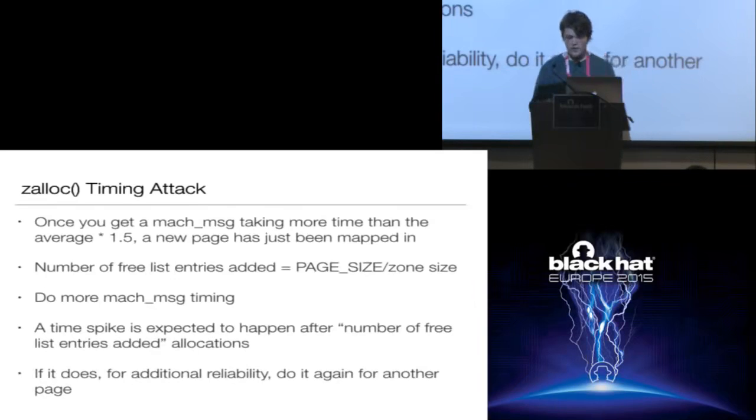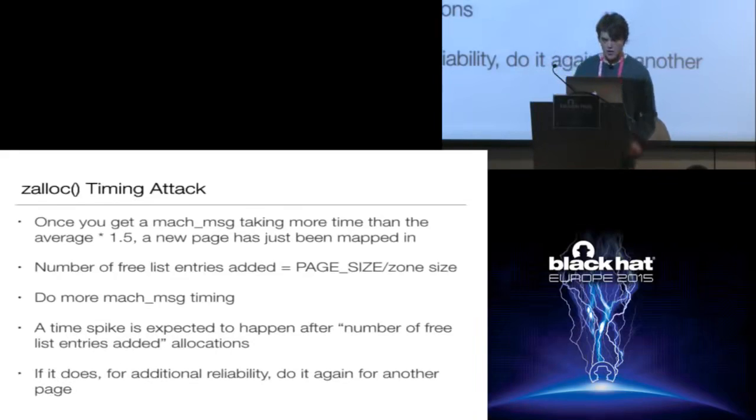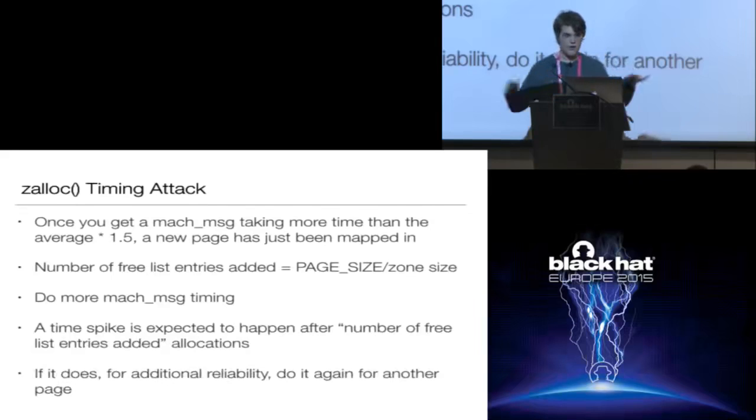And we already know the number of allocations which should have been added to the free list. As such, we can just keep timing Mach messages, expecting a number which is close to the average. When a time spike is expected to happen, if it happens, we have a full page of adjacent allocations. If it doesn't, we have just failed and we can just retry.